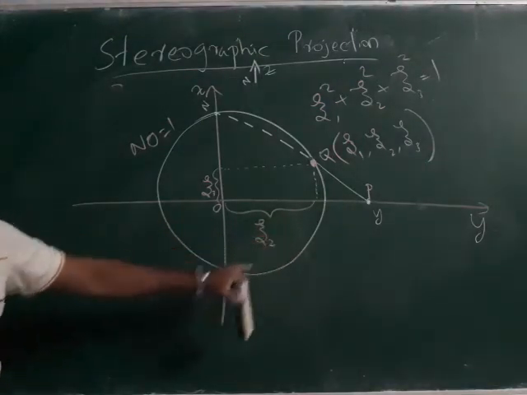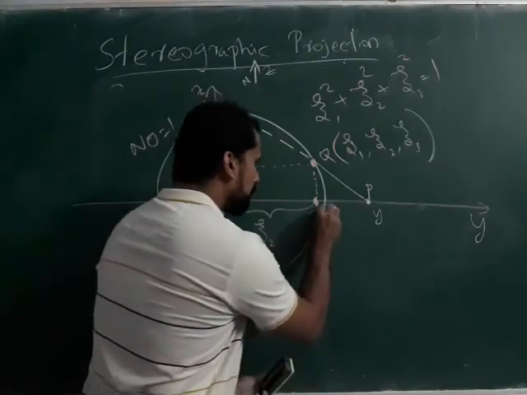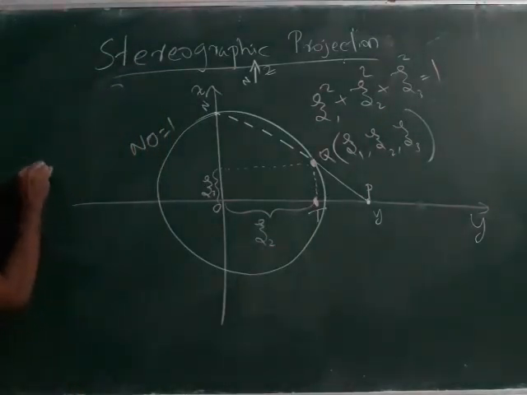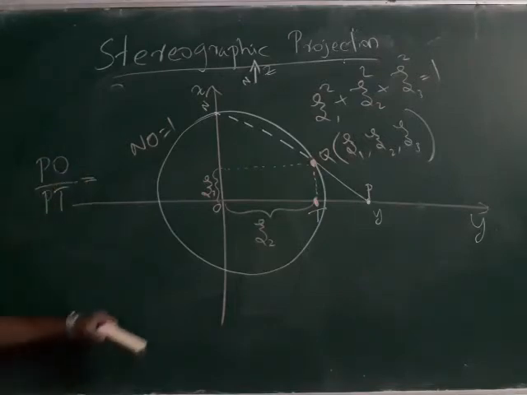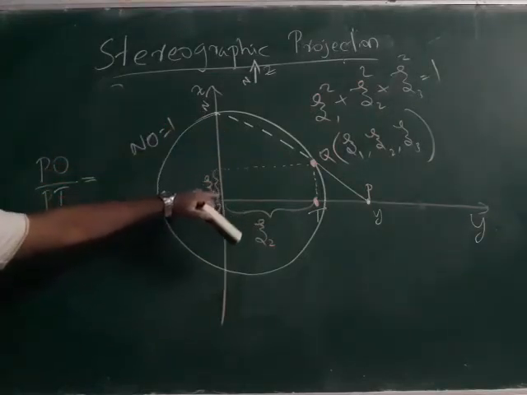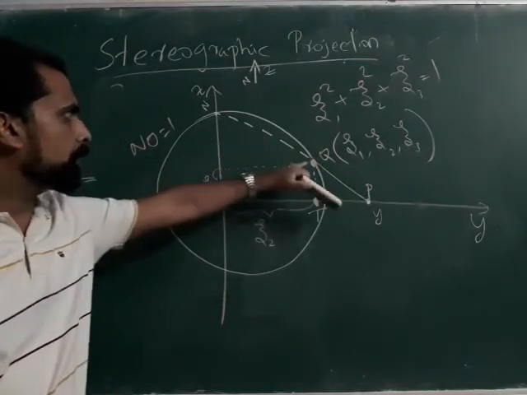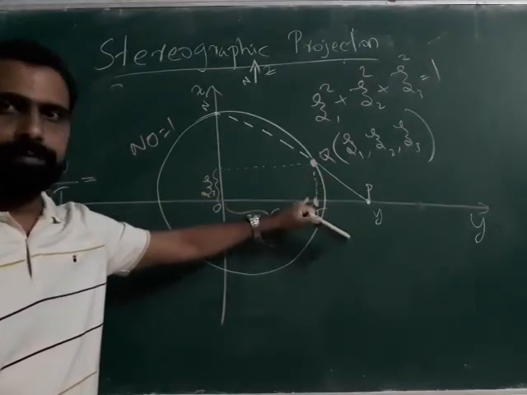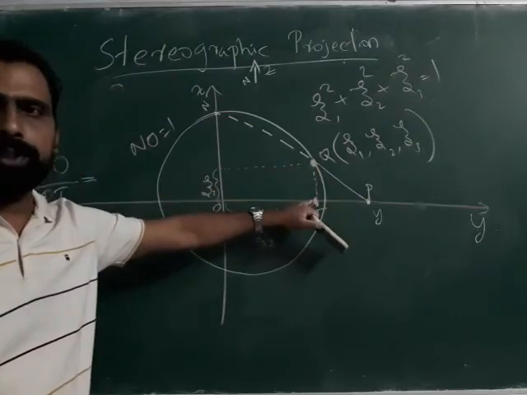Because I am calling this point T. So PO divided by PT is equal to, by trigonometric relation, NO divided by QT, because this is Q. So here also we project like this.